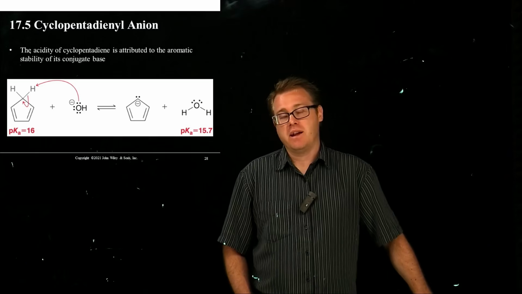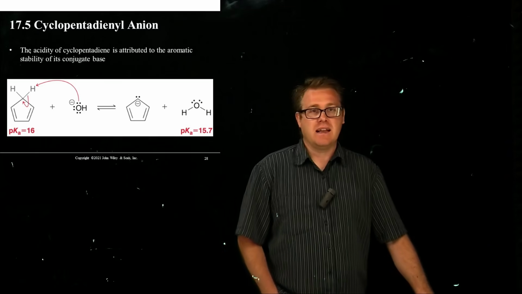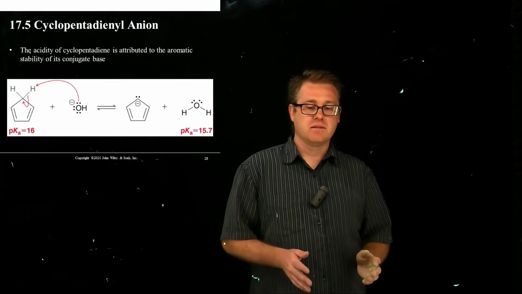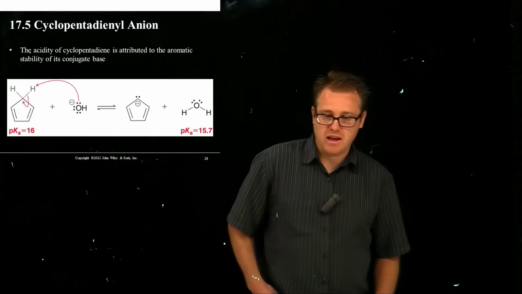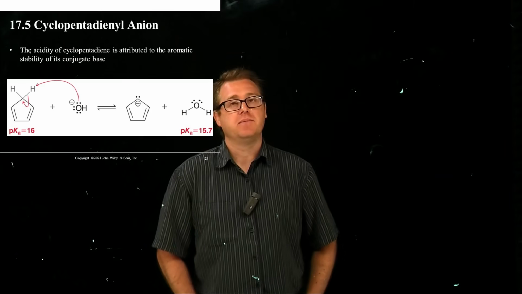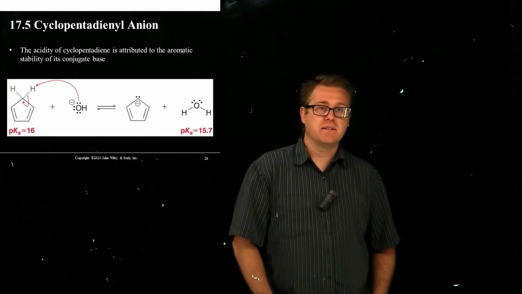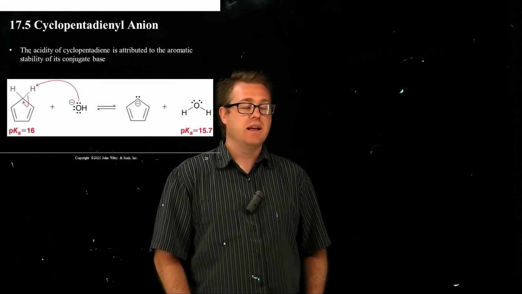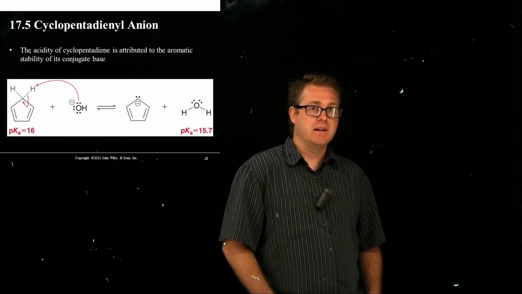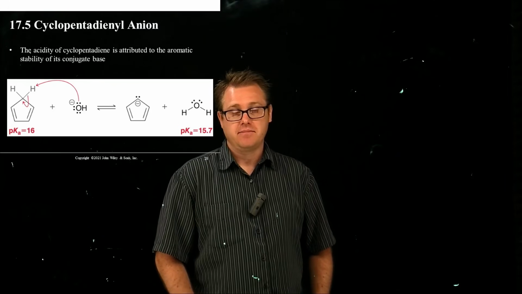And we have learned in previous chapters that if the conjugate base, which is the anion in this case, is very stable, then the molecules are going to be acidic.